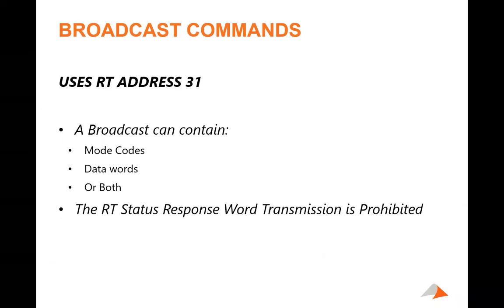Again, a broadcast command occurs on just one bus at a time, whichever one's called out. And I guess you could implement it on bus A and then bus B. When people are using bus A and bus B, there are a number of different ways.